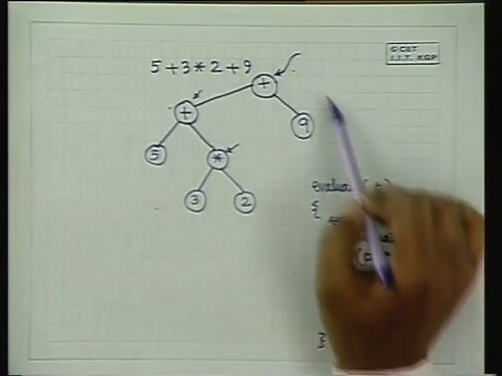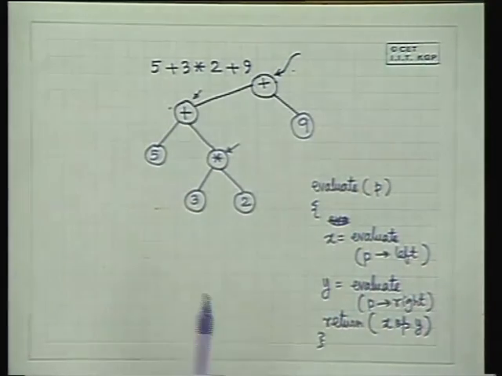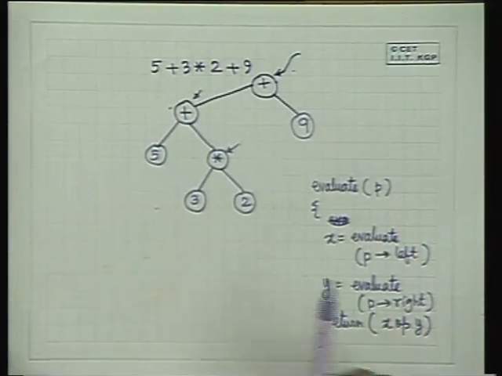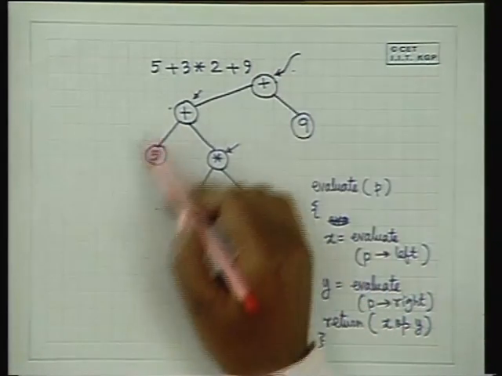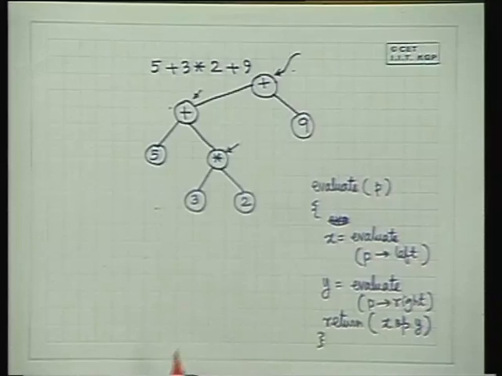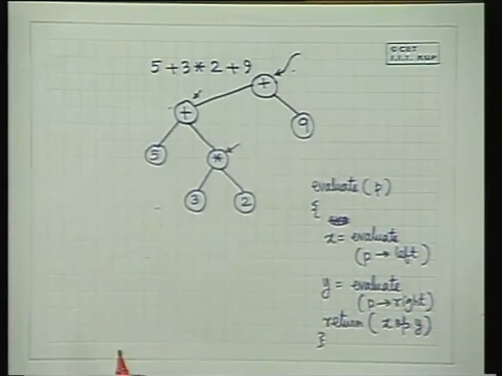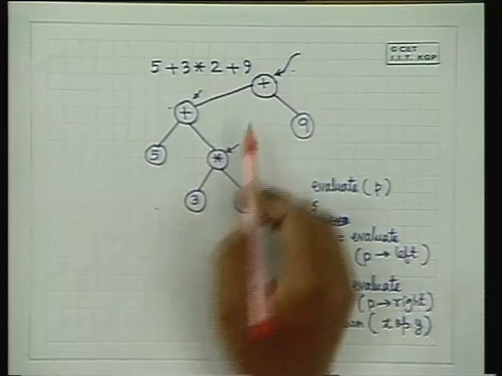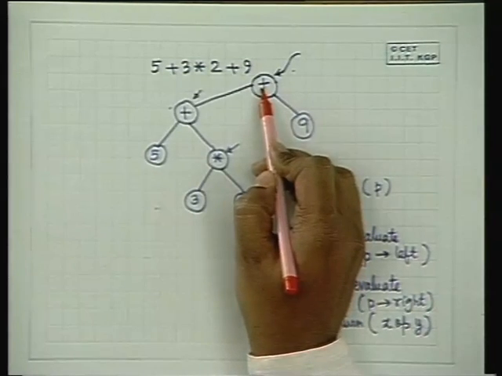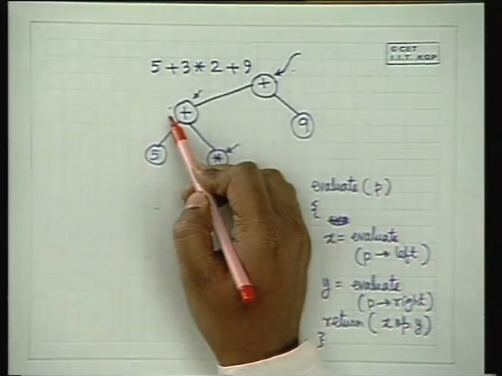Now, given such an expression tree, which is a very common data structure, if you print out the in-order traversal of the expression tree, you print out the brackets properly. In order would be first the left side.